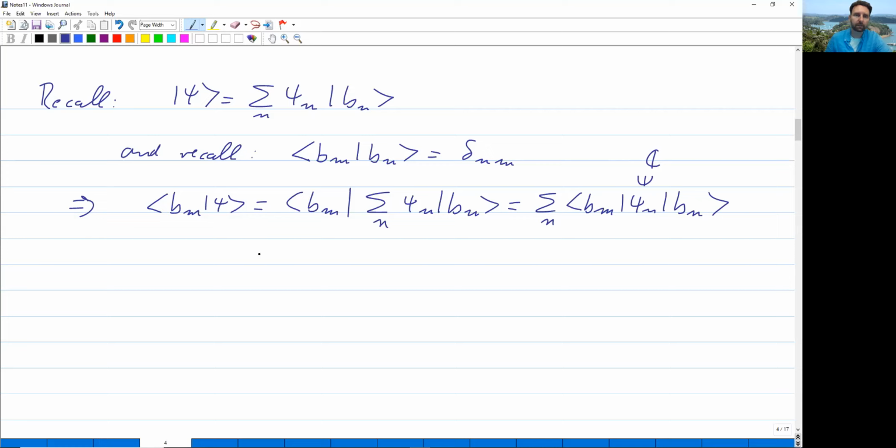We obtain the sum over n of ψn, the complex number that we pulled out, and then we have ⟨Bm|Bn⟩, which is the sum over n of ψn δmn. We are summing over all n, and of course the Kronecker delta only gives one contribution, and we obtain that this is ψm.